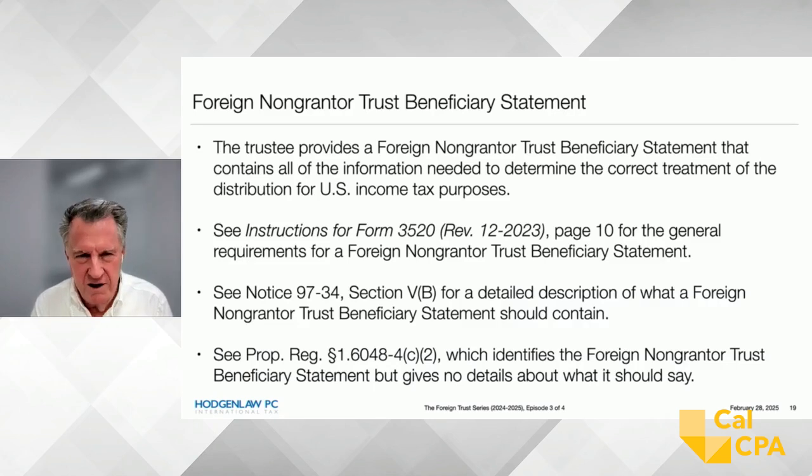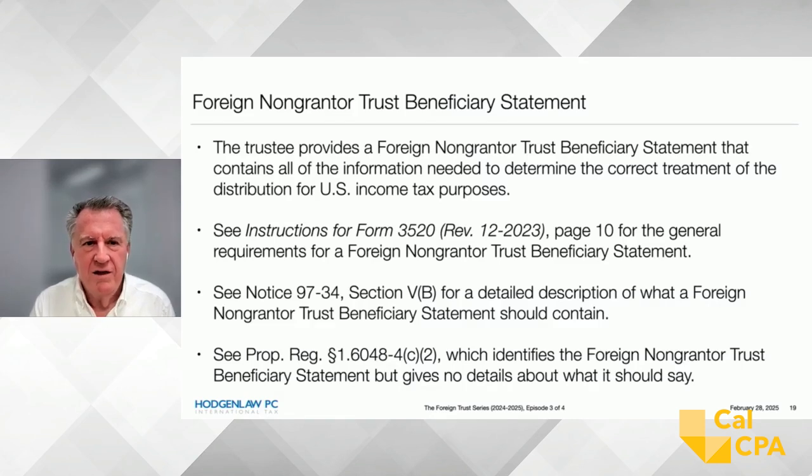In other words, it gives all of the data necessary for the U.S. beneficiary to calculate what the distribution from the trust was, and then how much of that is income, how much of it, if it's a current year distribution, is long-term capital gain, qualified dividends, tax-exempt income, corpus, and how much is accumulated distribution.